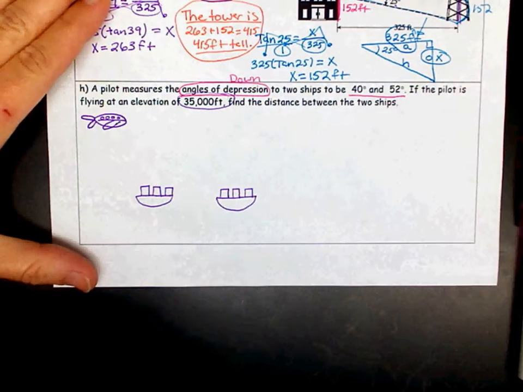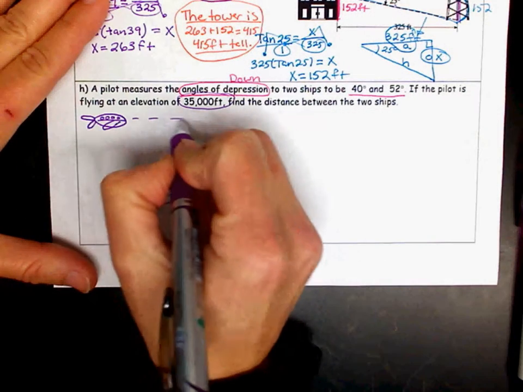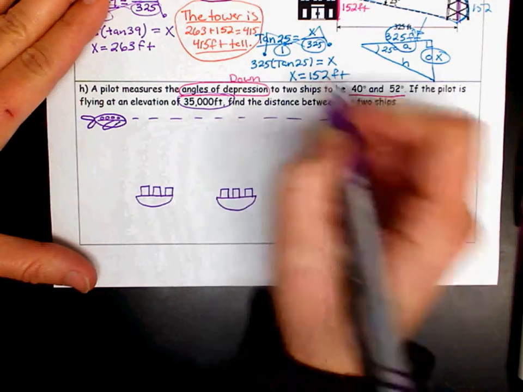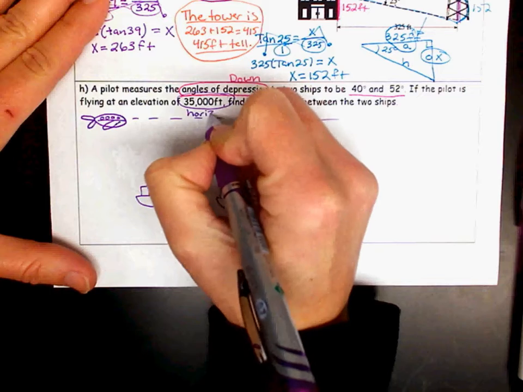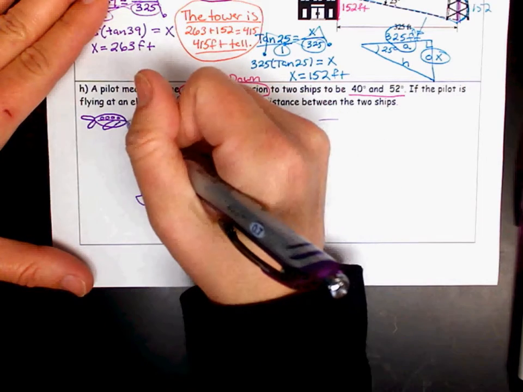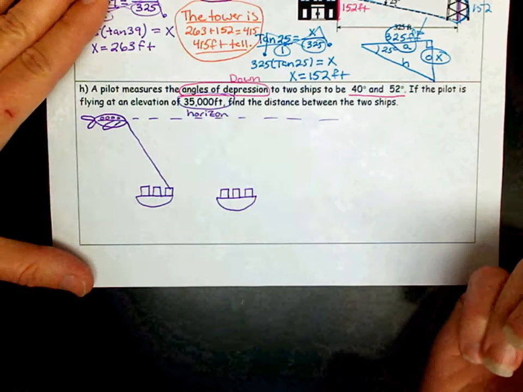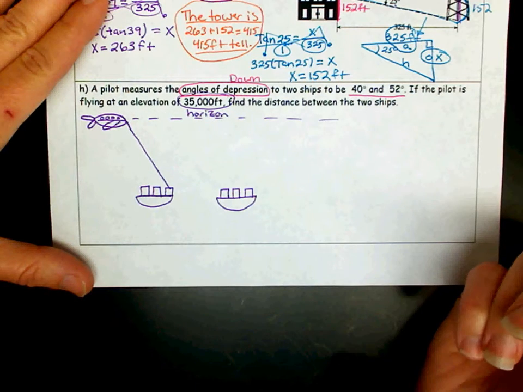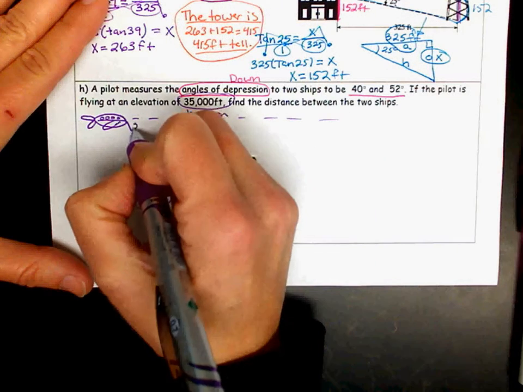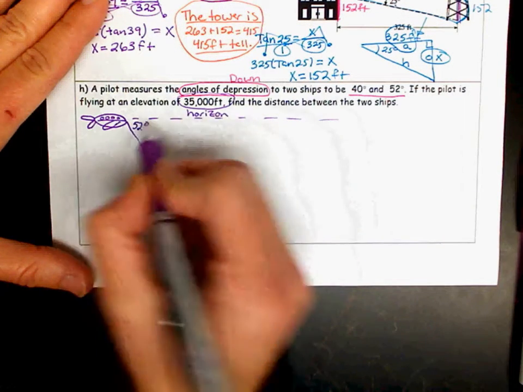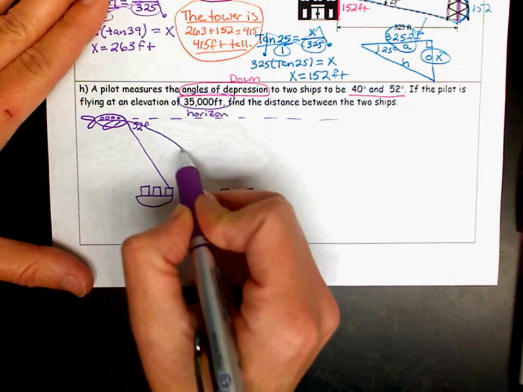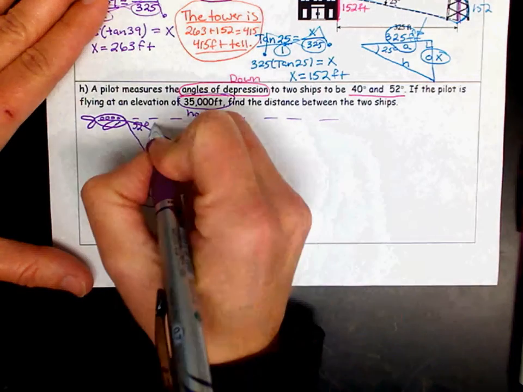So this is my horizon. And then I'm going to look down at this airplane, or this boat, and this is 52 degrees. And then I'm also going to look down at this boat, and it is 40 degrees.